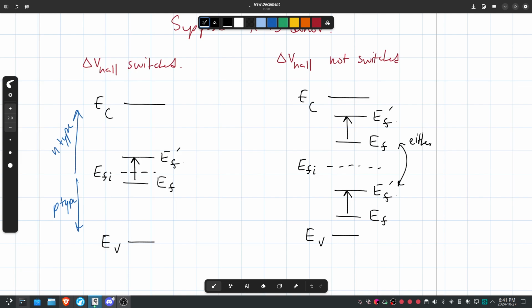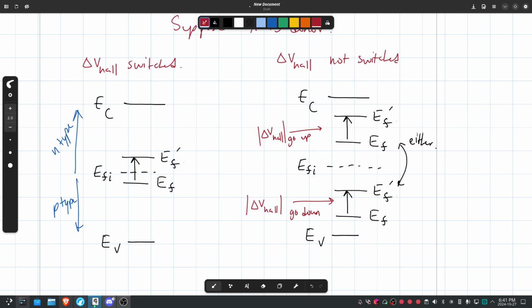Either. And once again, you can pull the same magnitude of the voltage. Here, the magnitude of the Hall voltage is going up. And here, the magnitude of the Hall voltage is going down because it's approaching EFI.